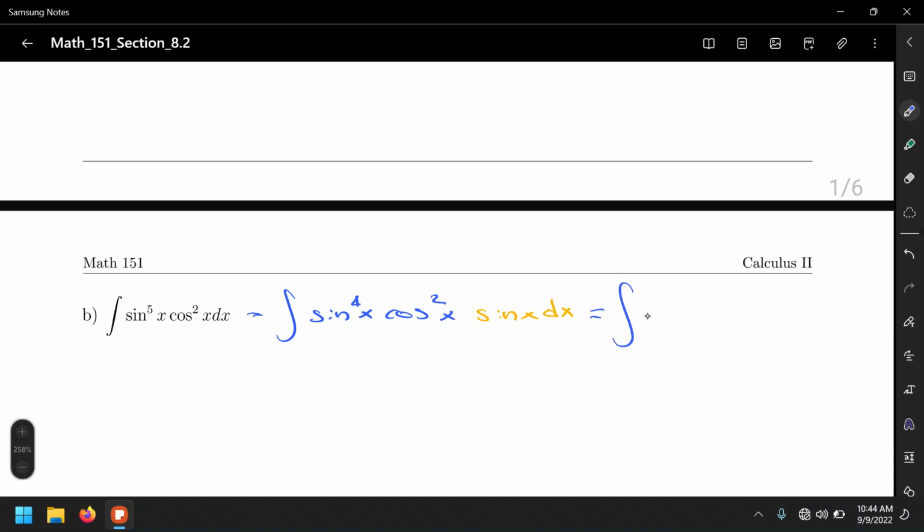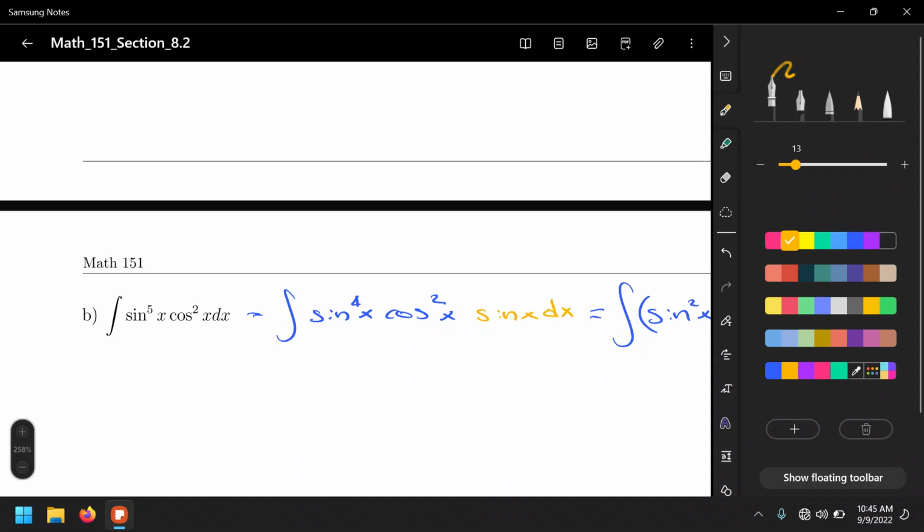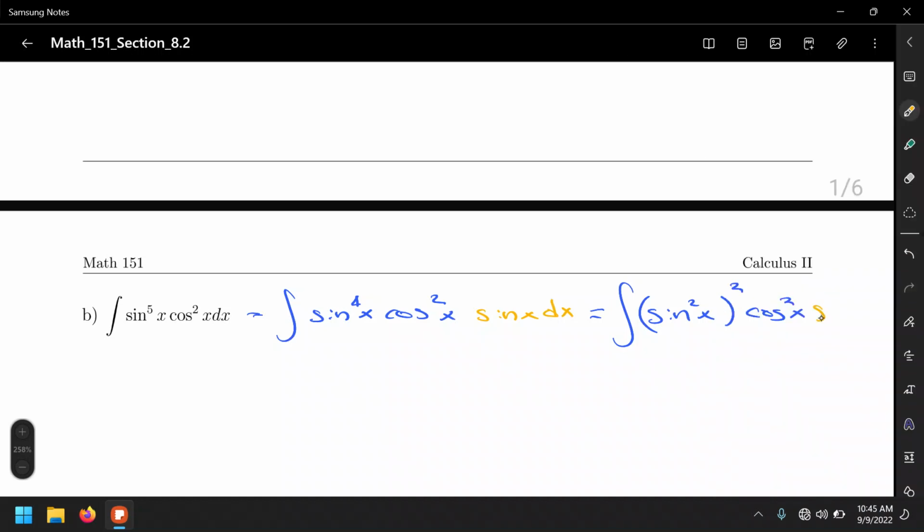We will rewrite sine squared x to the second power, because power of another power, this multiply the power, that's going to give us back the 4, and that's a cosine squared x times the factor of sine that we saved to set up the integral.